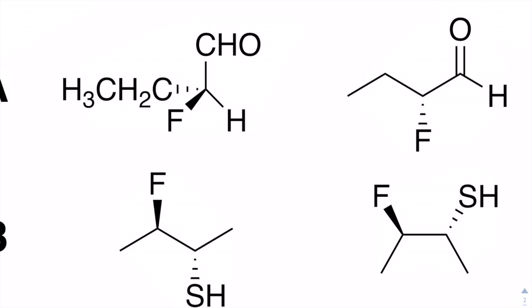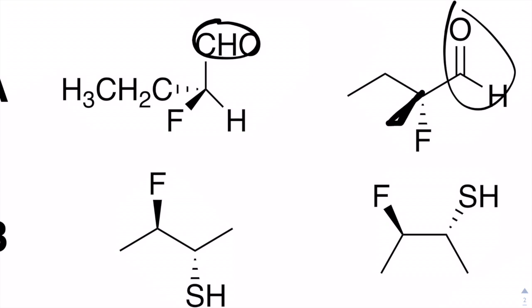Okay? Also, the first thing you really want to do is see if the molecular formulas are the same, because if the molecular formulas are not the same, then immediately you know they're not related. Okay? So clearly we have the same molecular formula here. We have this aldehyde up top, so that's the aldehyde over here. We have that carbon with a fluorine attached, there's an ethyl group attached to it, and there's that imaginary hydrogen. Okay? So clearly these are the same exact molecules.